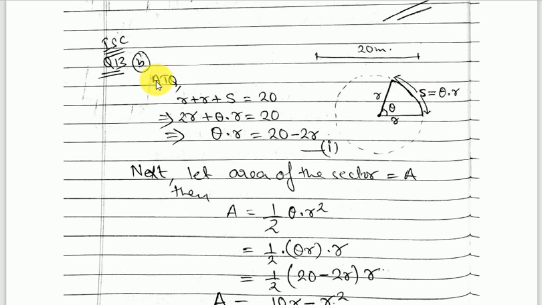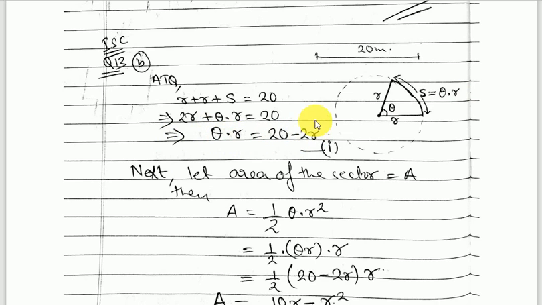So according to the question, r plus s, where s is the length of the arc, is 20 meter. That means 2r plus r theta is equal to 20, because if this is theta, then the length of the arc is theta into r. So we got theta into r is equal to 20 minus 2r.